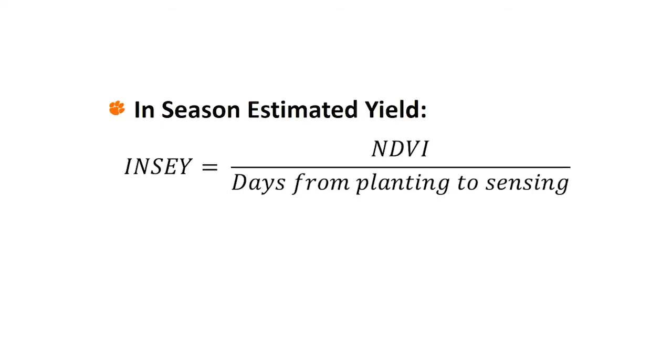So if I want to explain it a little more, in-season, when we have the NDVI measurement, remember I said about the days after planting, if we want to predict or estimate the yield, all we need to do is, based on that algorithm, NDVI divided by days from planting of sensing.